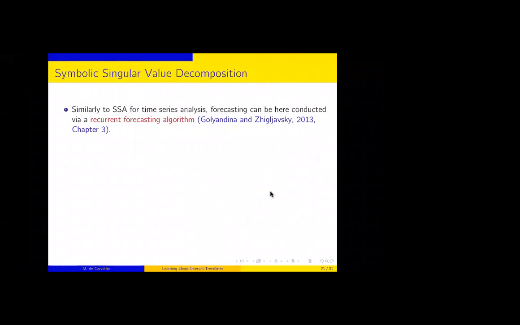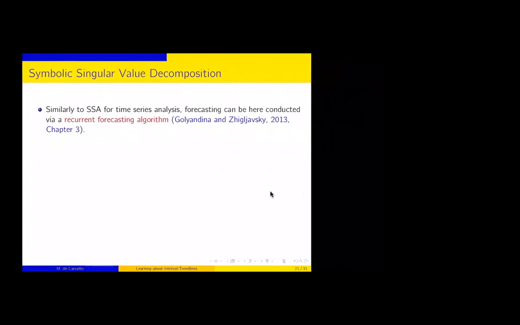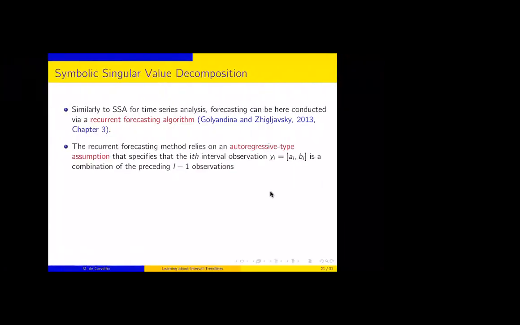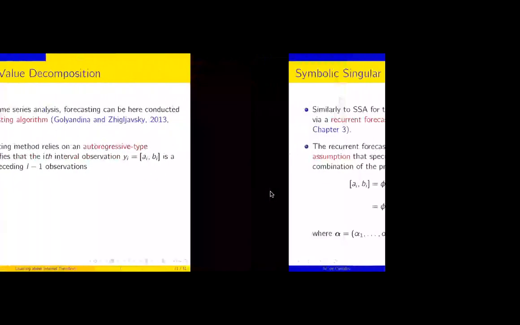I just want to give you now some comments on predictions that can be built over this method. So you can still construct a recurrent forecasting algorithm. The idea is as follows. The idea is to equip SSA with an autoregressive type of assumption, so that the i-th observation can be seen as a linear combination of the previous L-1 observations.